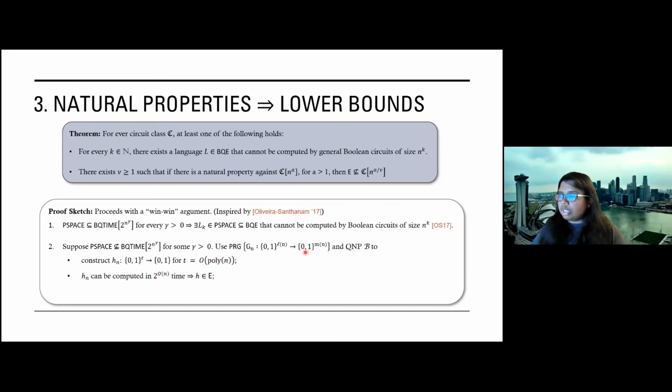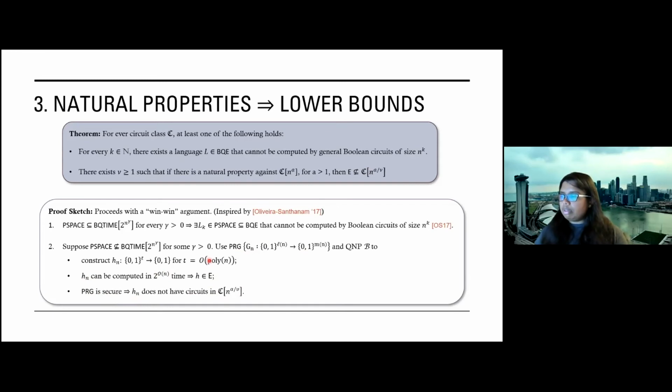Remember that the construction here is classical. So this function is also a classical function, which is why we can show that it's in deterministic exponential time. And finally, if my PRG is secure, then I can use that to prove that it does not have circuits that fall in this class. And that will complete the proof.